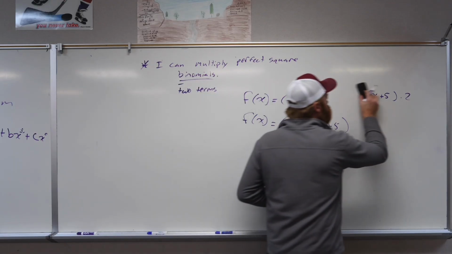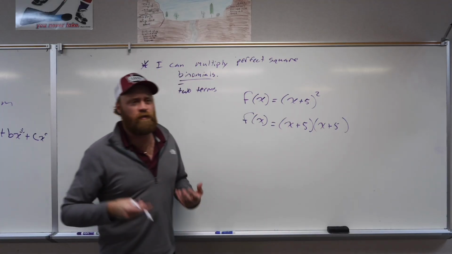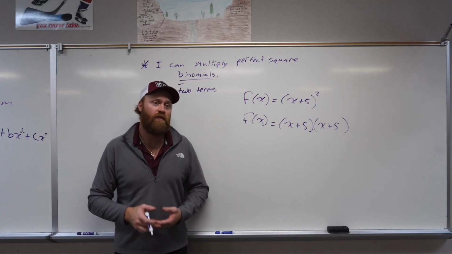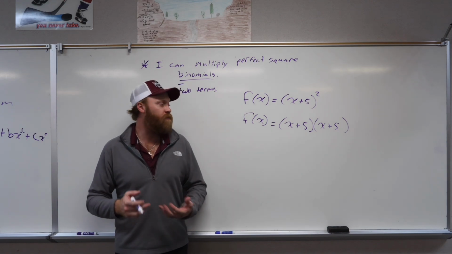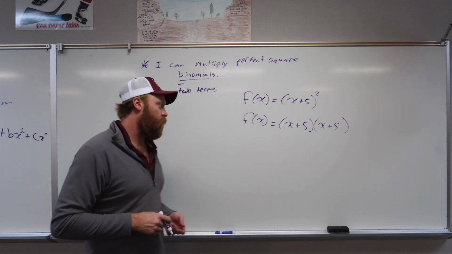So this is one of those ones that I'm real picky with students. When I ask what (x plus 5) squared means, I make them say it all the way out: it means x plus 5 times x plus 5, or the quantity x plus 5 times the quantity x plus 5.